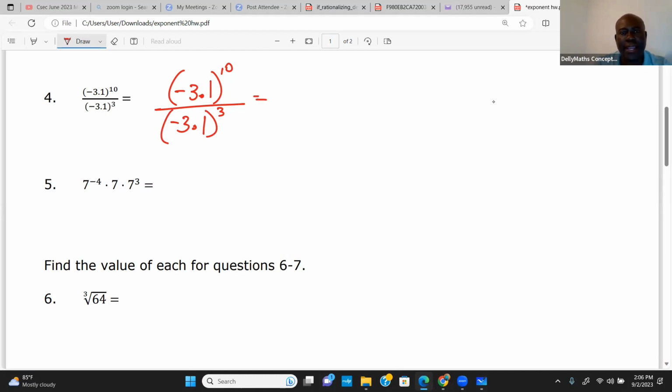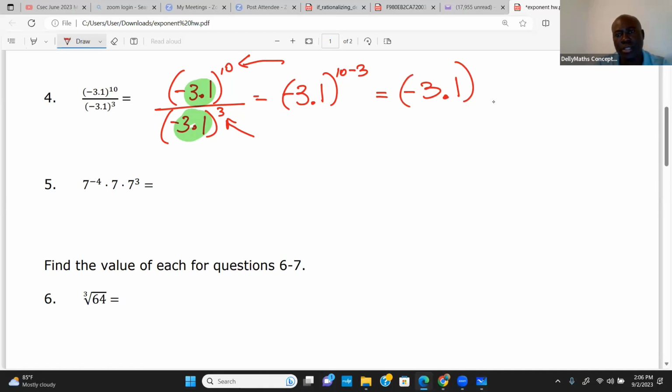Remember that whenever we're dividing and we are actually dividing the same base, we're going to keep that base, which is -3.1, and we're going to subtract the powers. For example, 10 minus 3. So as we could see here, that's 10, and this is 3. Finally, -3.1 is raised to the 7th power. So -3.1 raised to the 7th is equivalent to everything there.